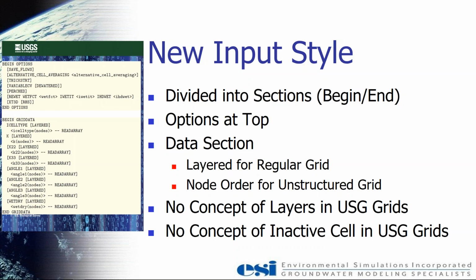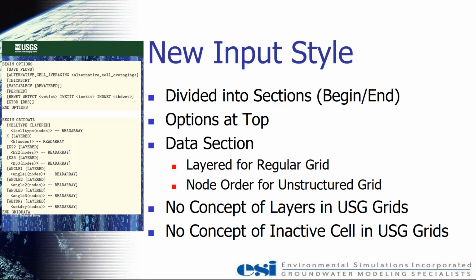So the new format is dividing the file into sections. Each section has a begin statement and an end statement. Usually options are at the top of the file, and that's followed by the actual grid data. For regular grids, that data can be in layer format, just like it is in the MODFLOW versions you're used to now, or it could be in node order if it's an unstructured grid.